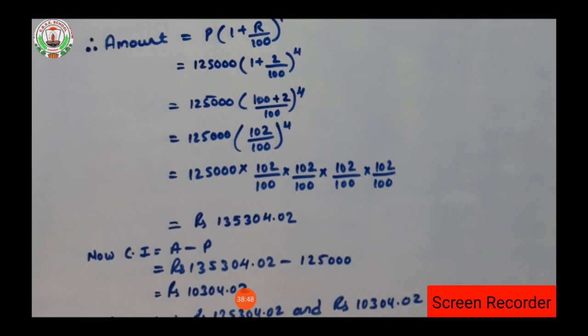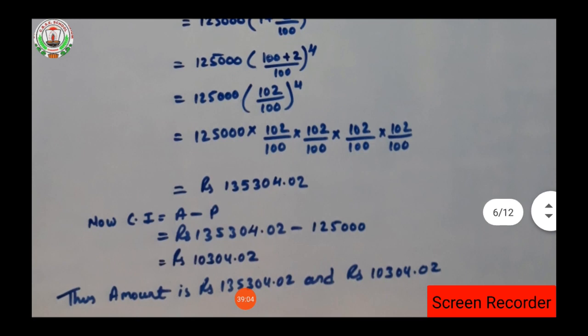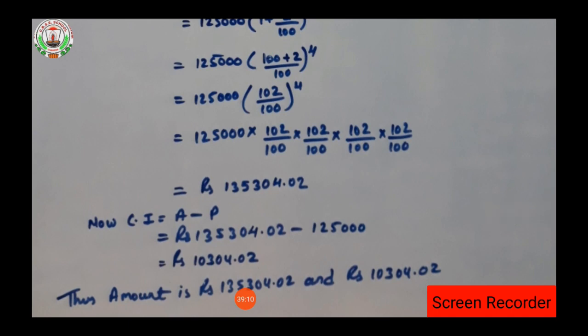The amount we had already found, that is 13,05,304.02. And the principal is 1,25,000. Subtract the numbers, you will get the compound interest as 10,304.02 rupees. Okay, so hope you have understood the 3 conditions of compound interest: half yearly, annually and quarterly.